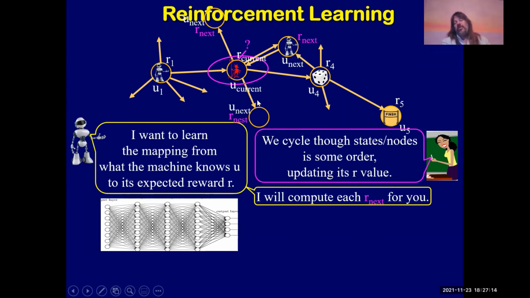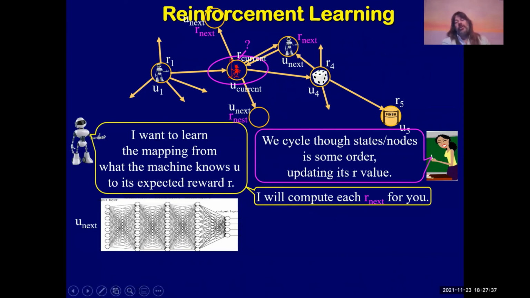Before we can update this R value, we need to know the R values of our neighbors, right? So how do we compute the R values of our neighbors? Well, we have a machine down here that knows how to compute them. So this is our current sense of what these R values should be.